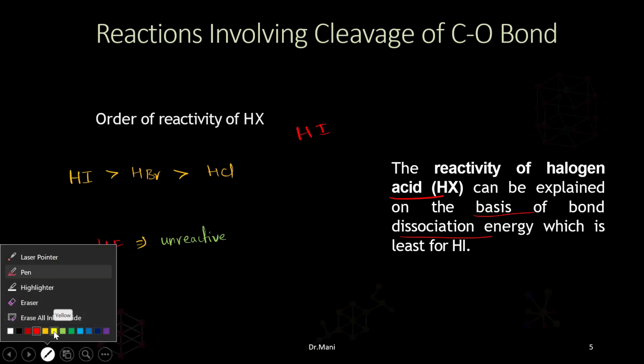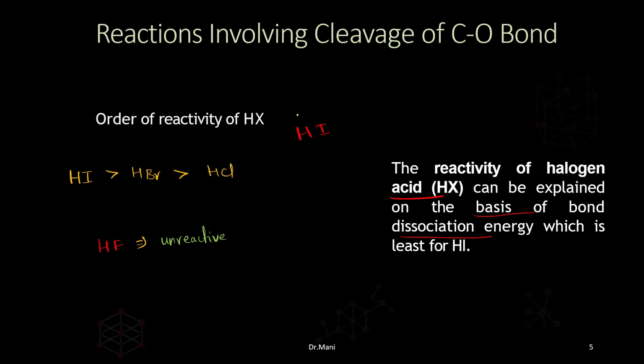Some kind of covalent bond is present here. So when you break the bond between them, one will turn positive, one will turn negative. Iodine will turn negative, hydrogen will turn positive. So this cleavage is called bond dissociation, and the energy required to break the bond between the hydrogen and iodine is called the bond dissociation energy.